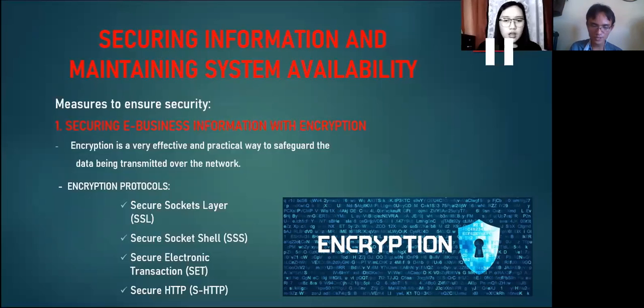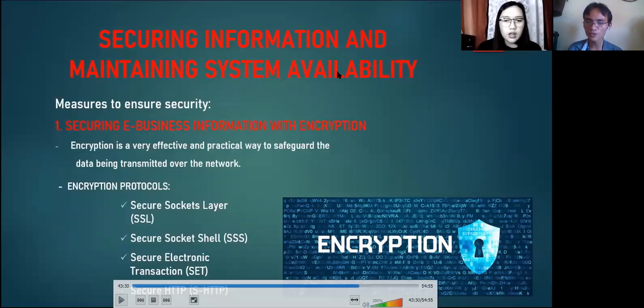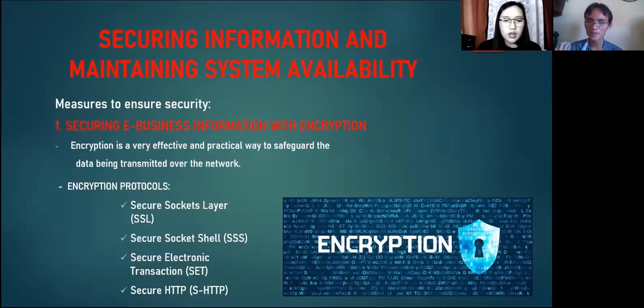So many secures as terms. Anyhow, encryption again is the process of converting a readable text into an unreadable one. We call that ciphertext, and we need a decryption key or a decoder key to be able to unlock the message that is encrypted.